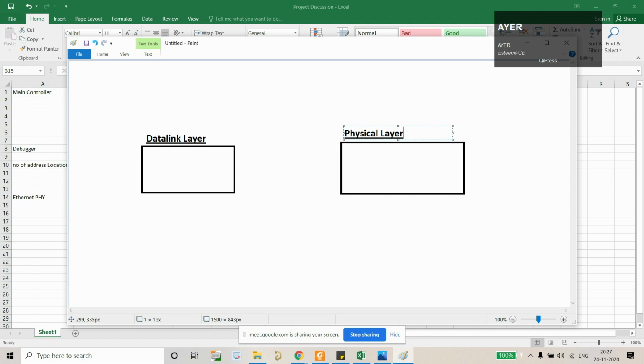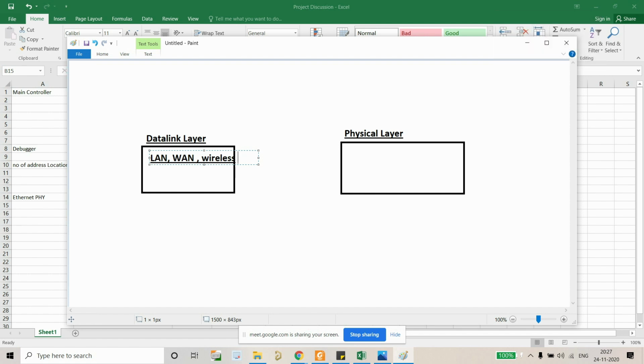Now, under the data link layer, what are the things which are connected? I guess you have heard these terms during graduation or before that: LAN, WAN, or wireless networks, some wireless local connections.